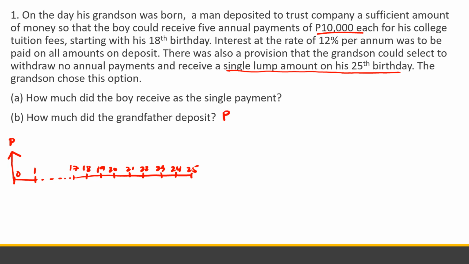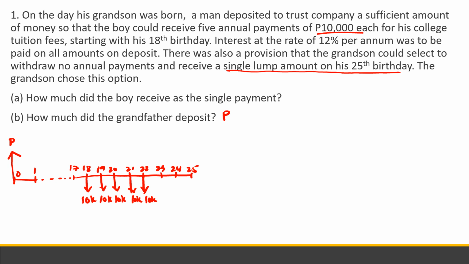So we will deposit amount P so that his grandson will receive 10,000 from his 18th to 22nd year, which is 5 years. So this is 10K, 10K, 10K, 10K, and 10K.